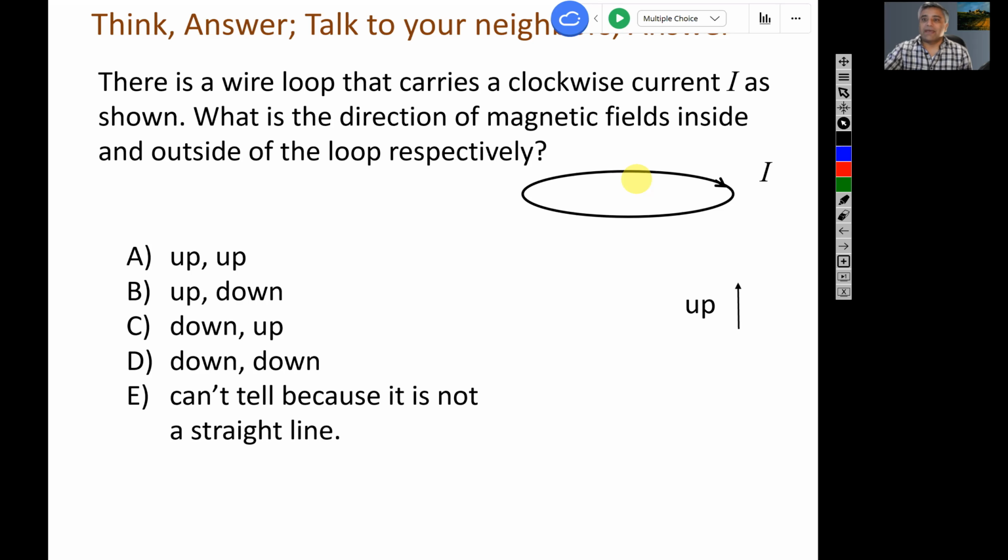And can you wrap four fingers in the direction of the current there? Now you see the thumb is pointing down, so that's the direction of the field inside. So if inside is down, then outside must be up. That's another way to do it. Circle back and come back. Right. Okay, thank you.